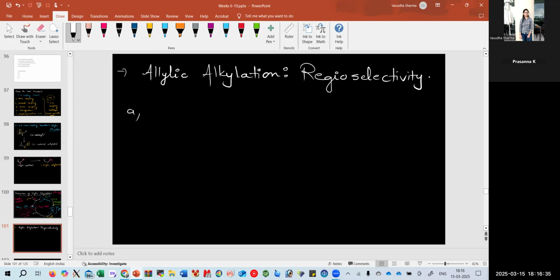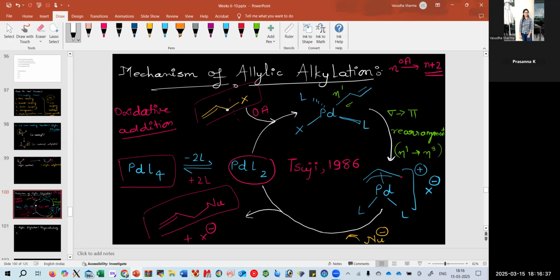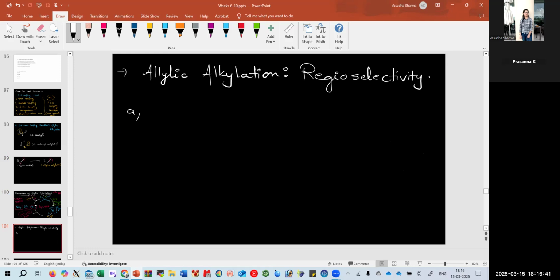As I mentioned, at this particular step, nucleophile is going to attack. Nucleophile has two possibilities to attack at your allylic site, so from where would it prefer to attack? Nucleophile always prefers to attack from the less hindered side.